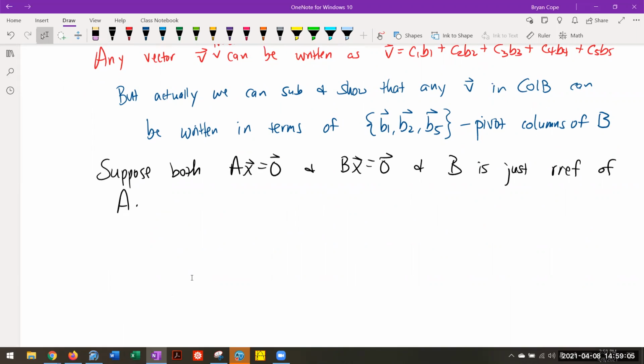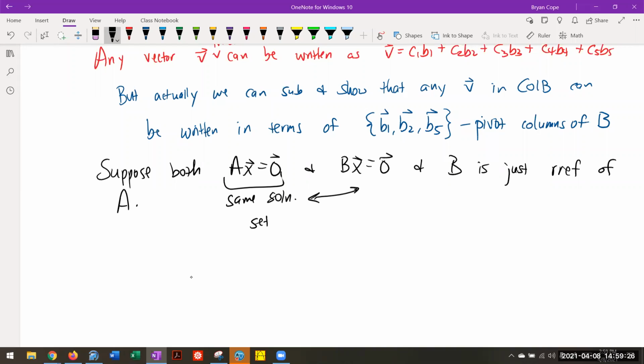When 2 matrices are row equivalent, that means that they have the same solution set. So whatever relationship exists among the columns exists among both of those.